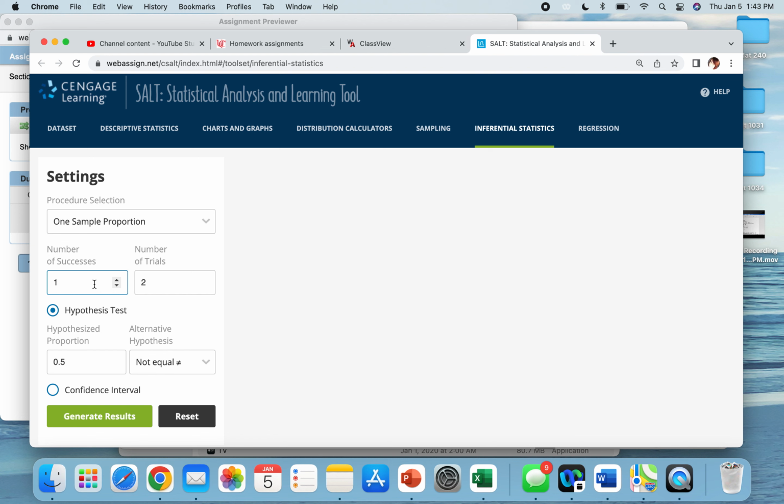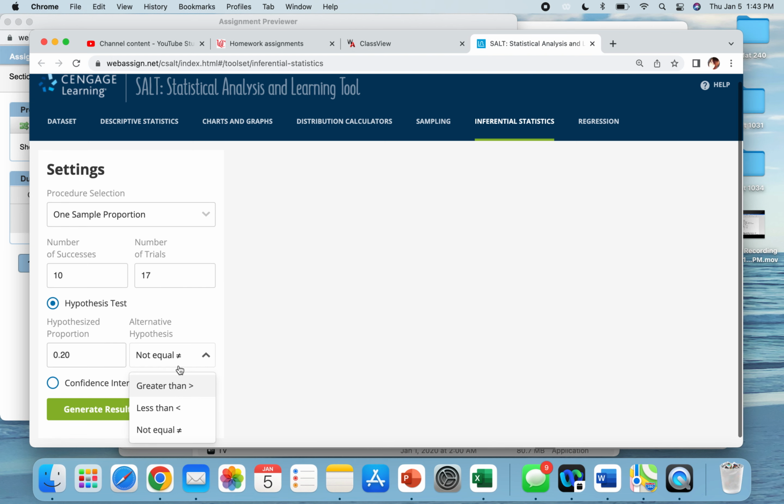Let's say 10 out of 17 people use a MacBook, and I want to test that it's less than 20%. So let's say the problem said that 10 out of 17 people used a MacBook.